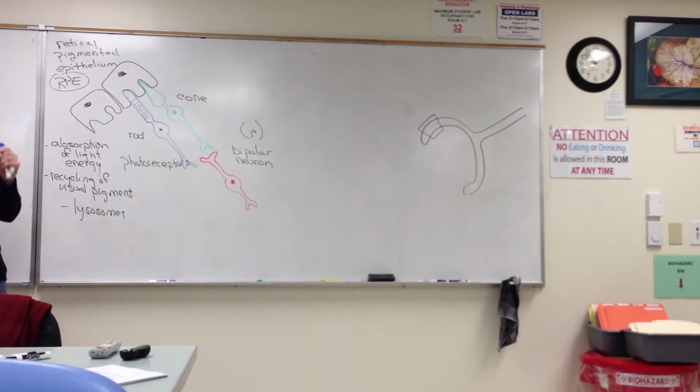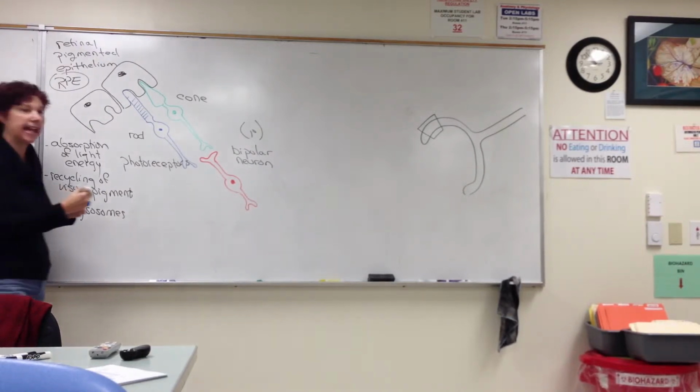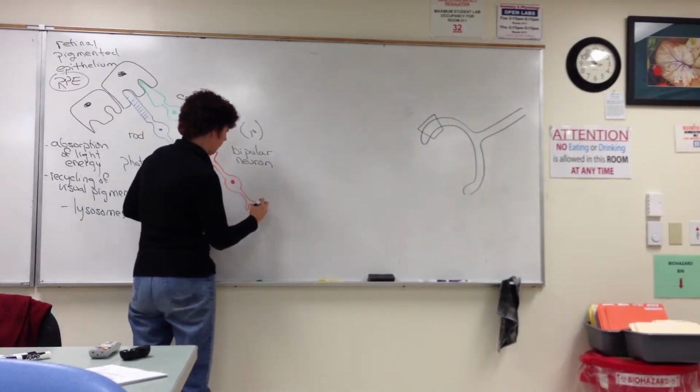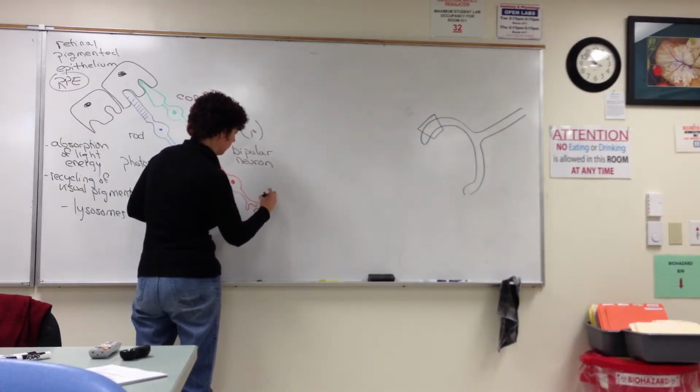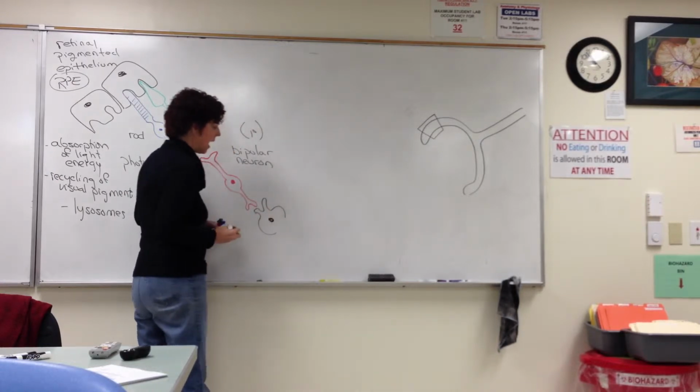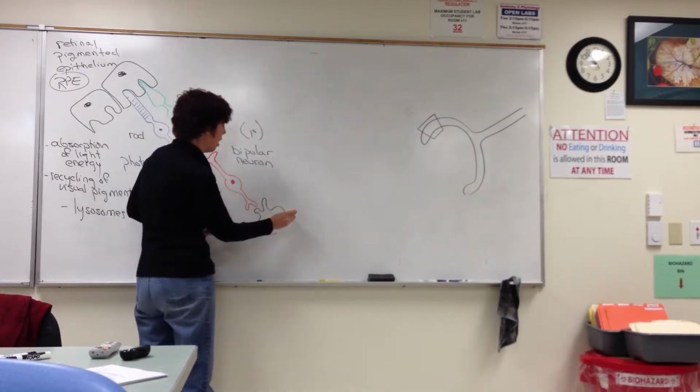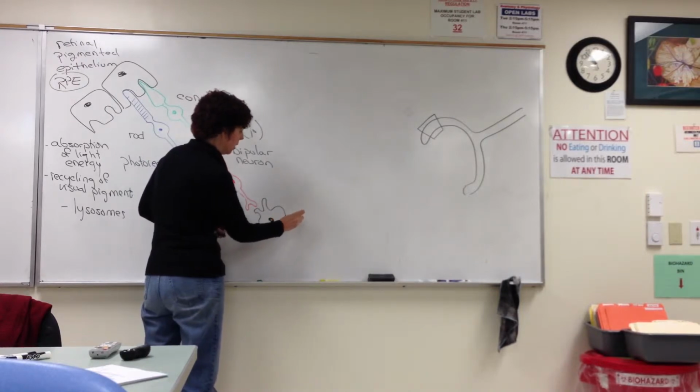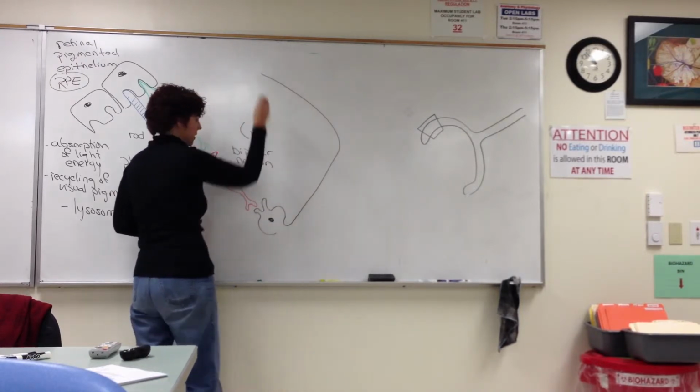And then the next cell in sequence is this cell right here. So here would be the bipolar neurons. The next cell in sequence is called a ganglion cell. And it has very long axons.